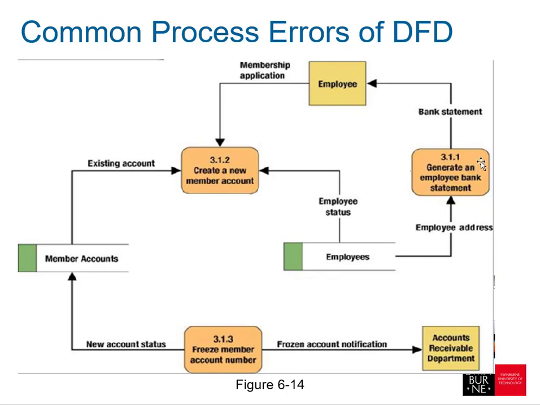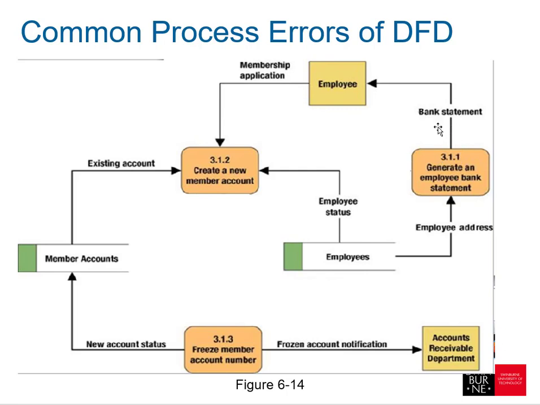Right, so let's jump to process 3.1.1. Here this process generates an employee bank statement. In order to generate the employee bank statement, it reads employee addresses from the employee table and produces a bank statement.